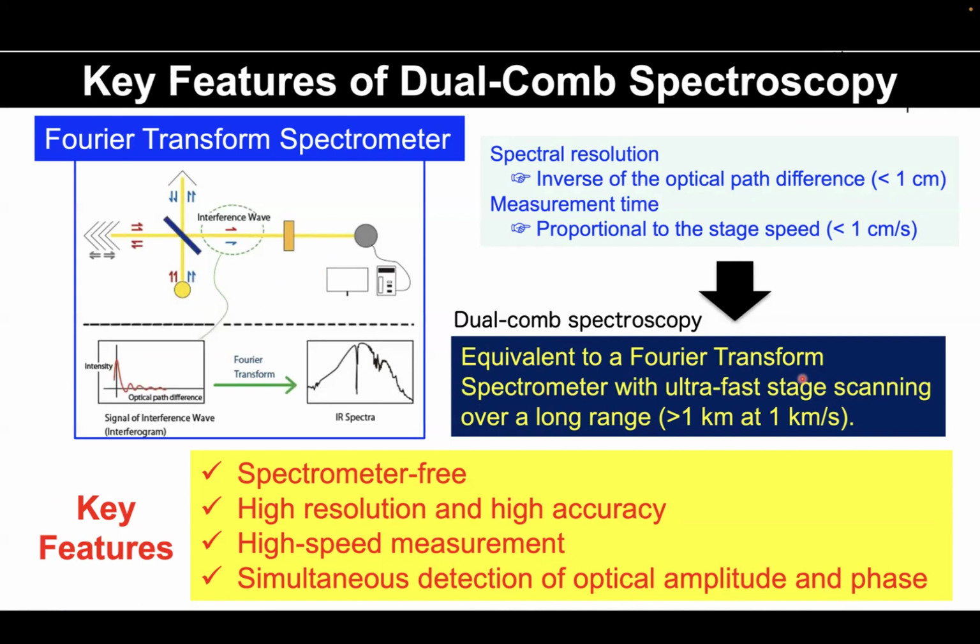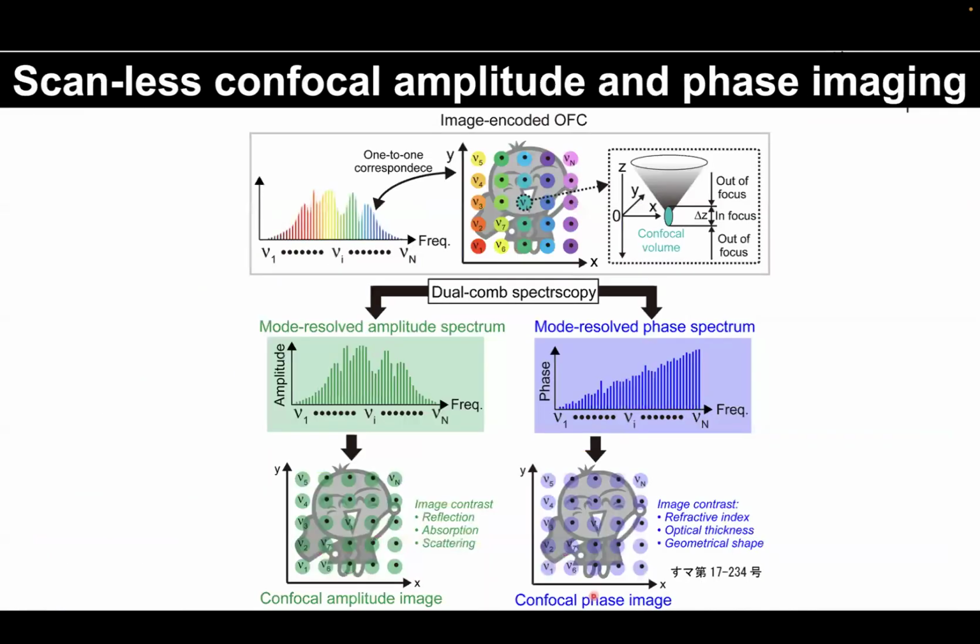As a result, key features of DCS include being spectrometer-free, high resolution and high accuracy, high-speed measurement, and simultaneous detection of optical amplitude and phase. The next slide shows the principle of operation for the scanless confocal amplitude and phase imaging.